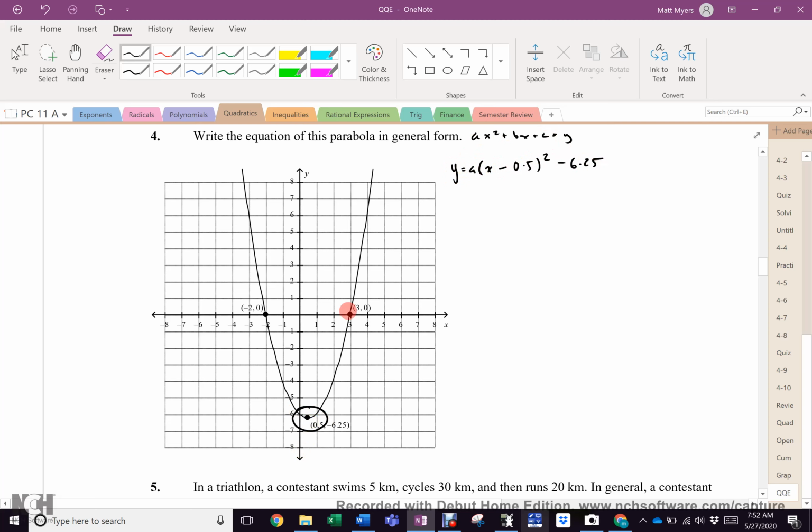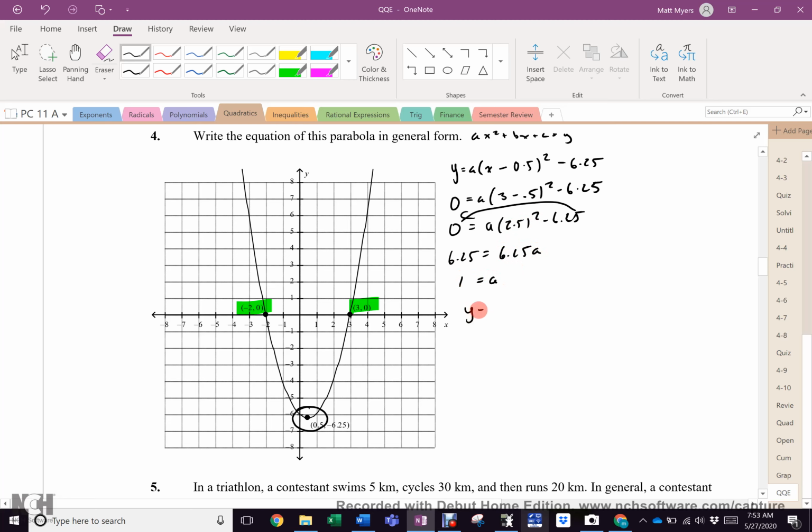And I could solve that using either of these 2 points. I'm going to use 3, 0. So y equals 3 minus 0.5 squared minus 6.25. 0 equals a times 2.5 squared minus 6.25. Bring the 6.25 over. 6.25 equals 2.5 squared is 6.25a, so a equals 1.